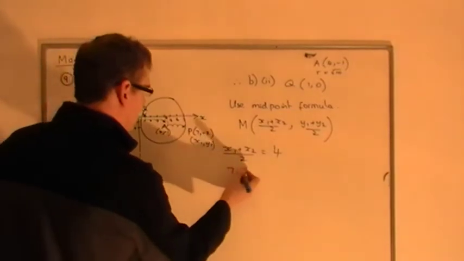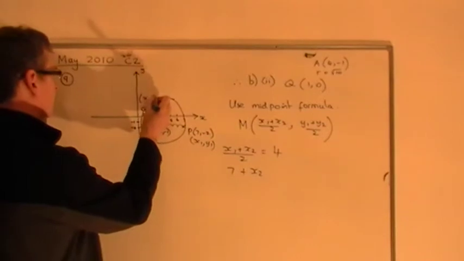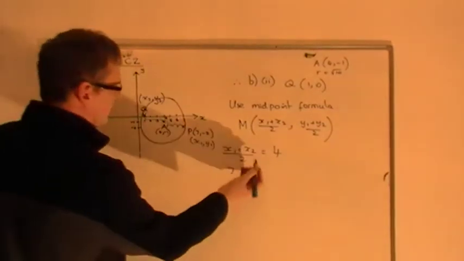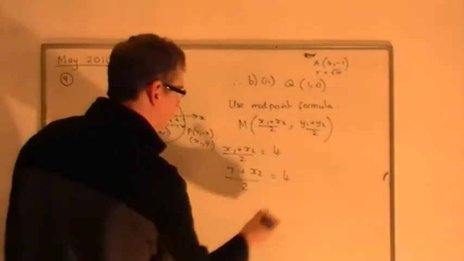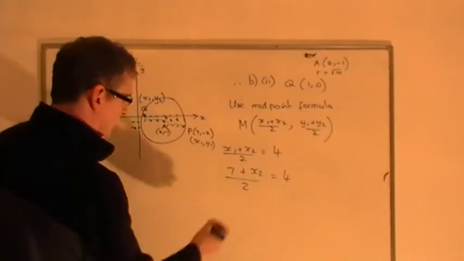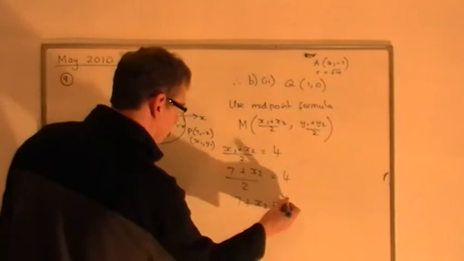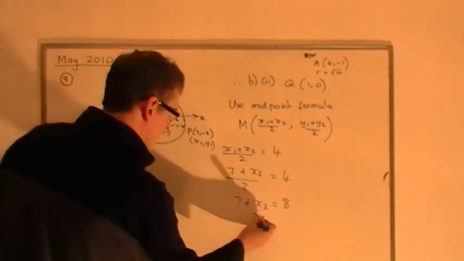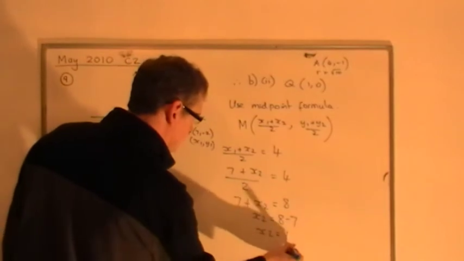So I would have (7 + x2), the Q I'm going to call (x2, y2). So x2 is what I'm trying to find. Divided by 2 equals 4. So we get a little equation coming out. If I double both sides, you get 7 + x2 is equal to 8. So x2 is equal to 8 - 7. So x2 equals 1.